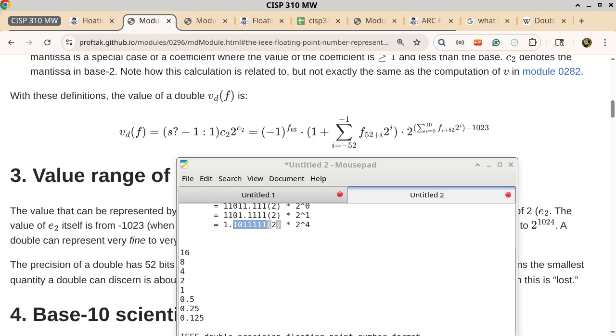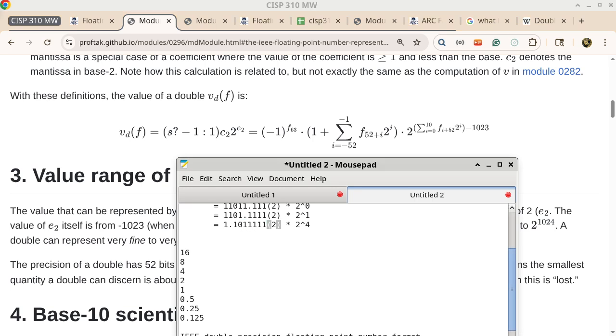Because I can pick a particular one up and know exactly which digit it has to correspond to. Let's say we're talking about this one. Which digit is this? This is digit 0, -1, -2, -3, -4, -5. This is -6. So if you want i to be -6, then what digit are we talking about? 52 plus -6 is 46.